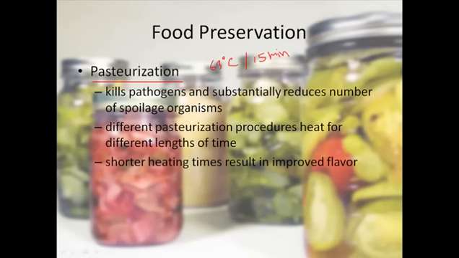But we can apply different variations of this pasteurization: a high temperature short time pasteurization, and a low temperature long time pasteurization, HTST and LTLT. So what is high temperature short time? The name suggests the temperature is higher. In this case the temperature reaches 120 degrees Celsius.